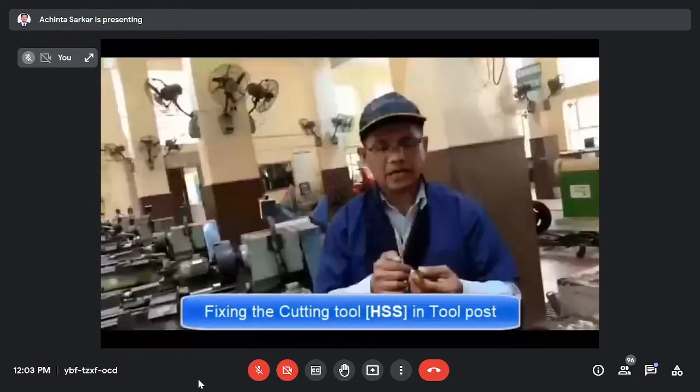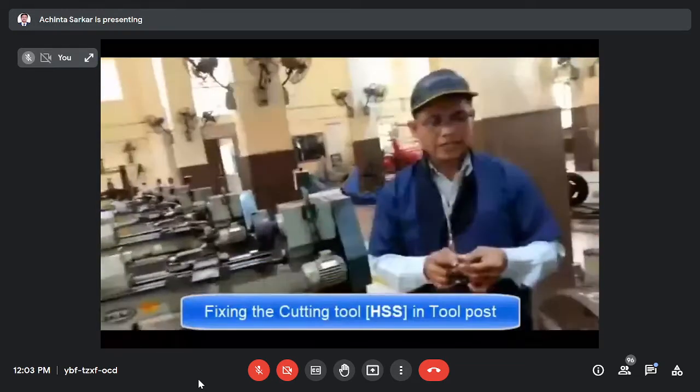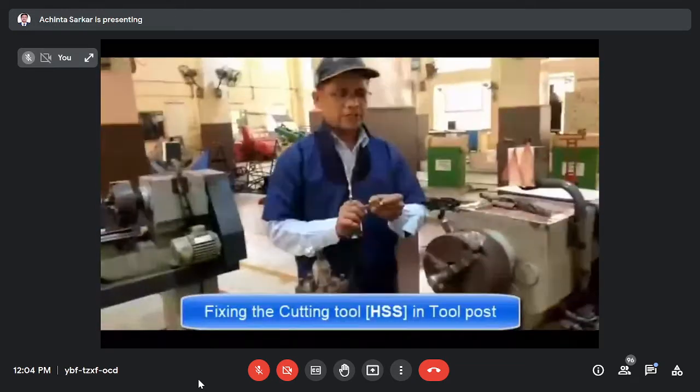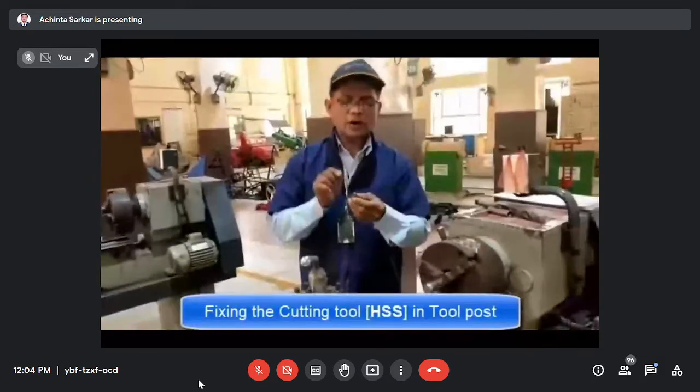Otherwise, you cannot cut the metal from the workpiece with the cutting tool. That's why you have to create an angle. Here is the clearance angle, this is the side clearance angle, and this is the right angle, and this is your cutting point. That's why it is called a point cutting tool.